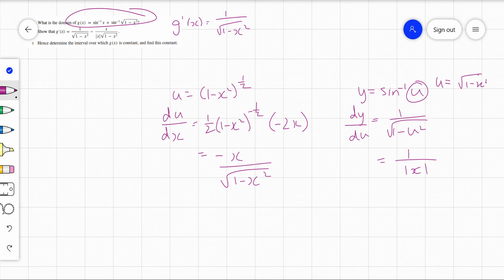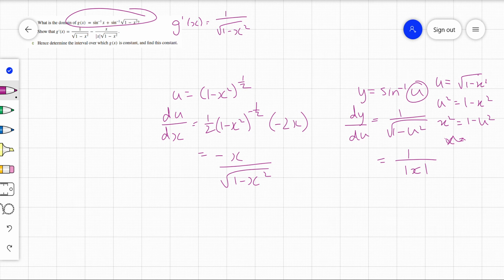If I rearrange this, I'm getting u squared is 1 minus x squared, and x squared is 1 minus u squared. Let's just make it u squared.